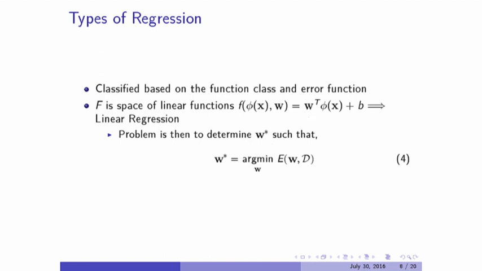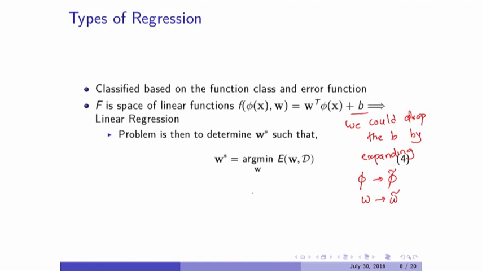So in the most general setting, we have a linear function f(phi(x); w) as w transpose phi(x) plus b, and as I pointed out, we could drop the b. How do we do that? Well, we can drop that b by expanding phi to phi tilde and w to w tilde.